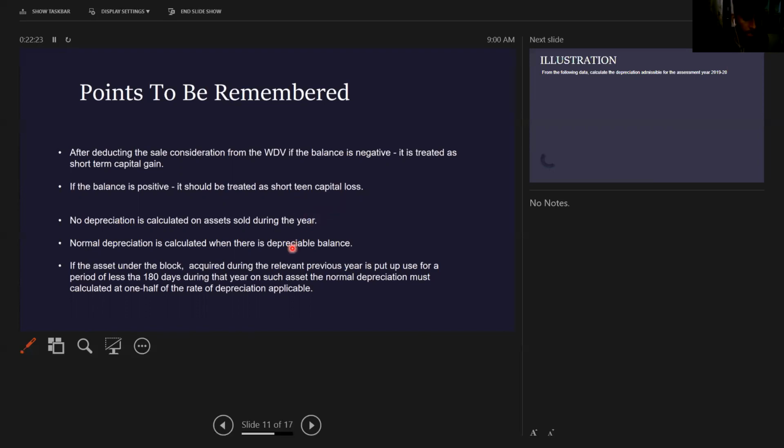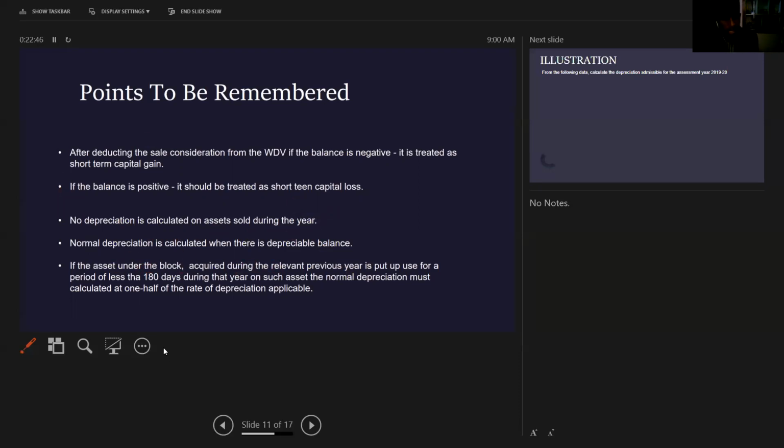And the third point is, no depreciation is calculated on an asset sold during the year. As I told you before, if you're purchasing the asset in the same year and selling it in the same year, you can't charge depreciation during that year. Next, normal depreciation is calculated only when there is a depreciable balance.